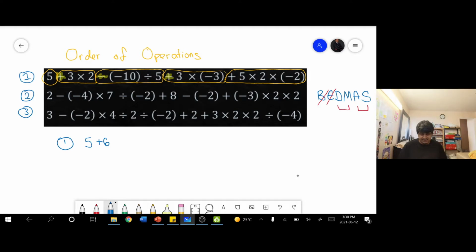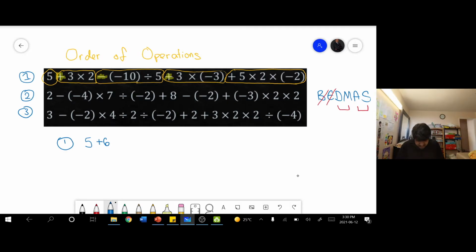However, there's a negative sign there. And also, we're going to be subtracting. Right? So let me just clarify that quickly. This sign here is a negative sign, and that sign there is a minus sign. That sign tells us we're going to have to be subtracting in this case.